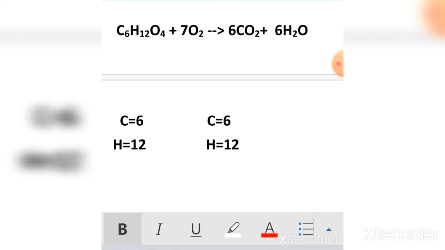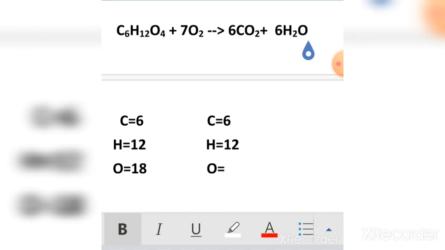For oxygen atom, in the reactants, you have 4 plus 7 times 2, so 14, so 18. In the products, the number of oxygen atoms, we have 6 times 2 is 12 plus 6 times 1 is 6.